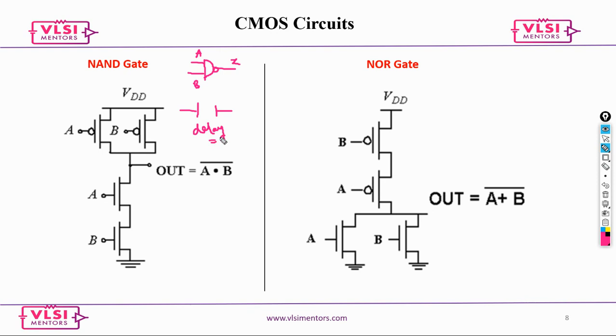Now, do you think the delay between A to Z or the delay between B to Z is going to be the same, or are they going to be different? Okay, so that is one. Now, what about your power consumption? Reason?